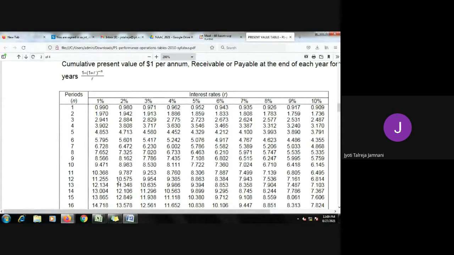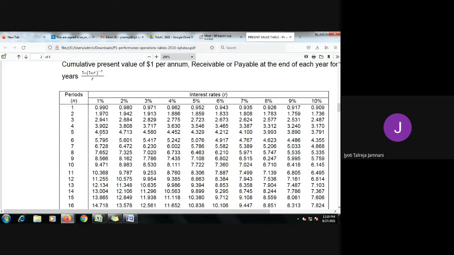As I had told you, we have to check for 5 years. So the fifth year is here. This is an annuity table, and you can see the annuity formula is given here above. For 5 years, I have to check where I'll get 4. So if I continuously go on looking, this is the 5 year.